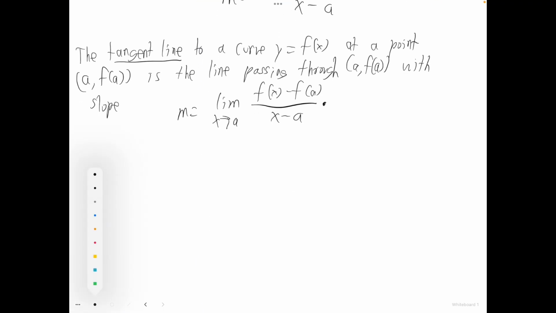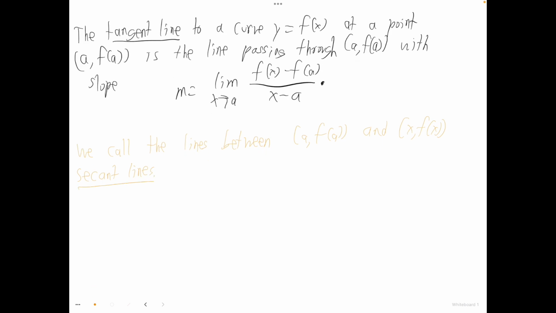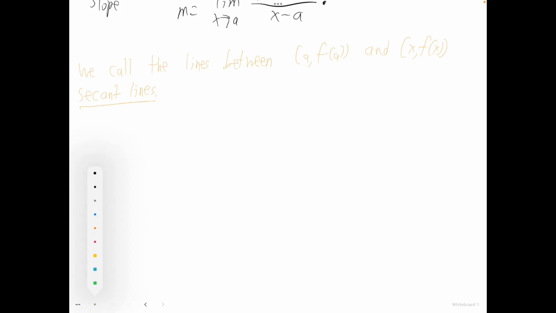Now, just a bit of notation. We call the lines between a comma f of a and x comma f of x secant lines. So these are just lines that pass through 2 points. This definition isn't extremely important, but you'll sometimes hear it, so it is useful to talk about.